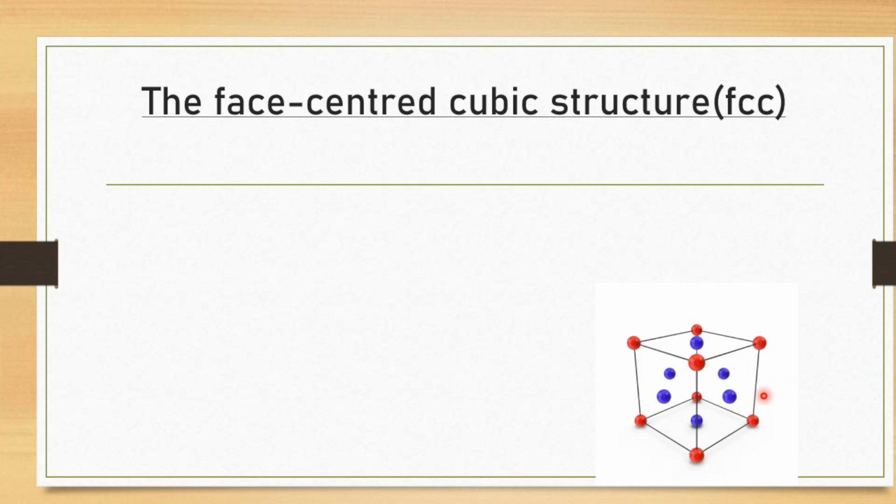So this one face atom is shared by 2 cells. Here one cell and there is another cell attached to this. So the contribution of this face atom to this unit cell is 1 by 2 or half.